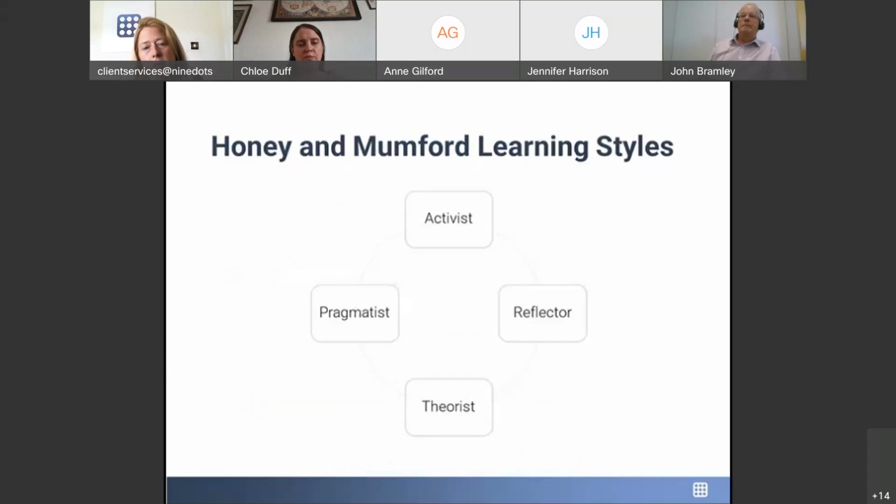Okay. So I mentioned Honey and Mumford a few times in the learning styles. Are you familiar with this? It's fascinating because there are so many things out there when you look at personality styles, but with these four, you tend to see yourself in one and maybe two of them.